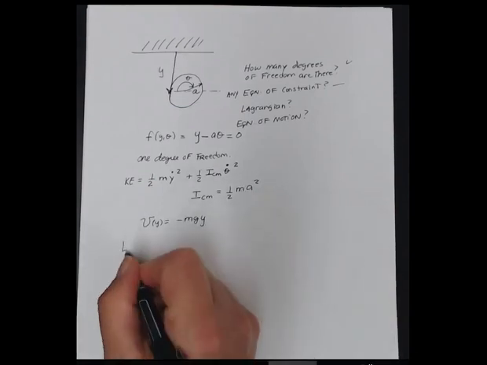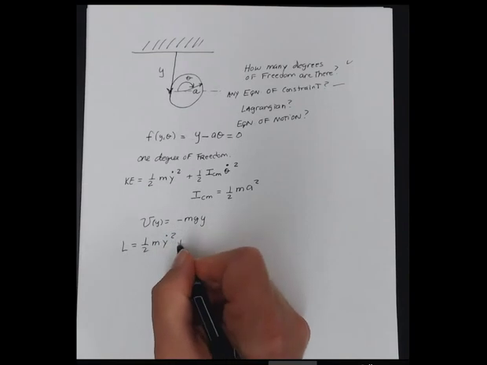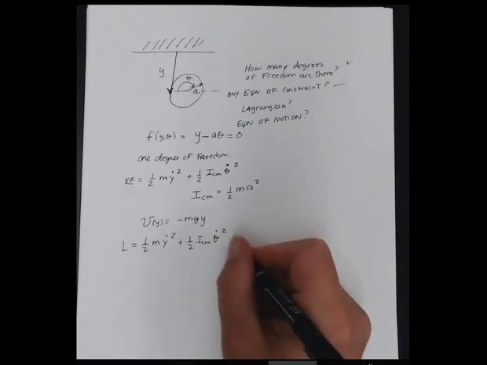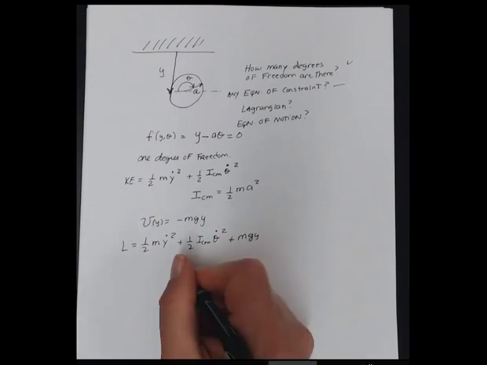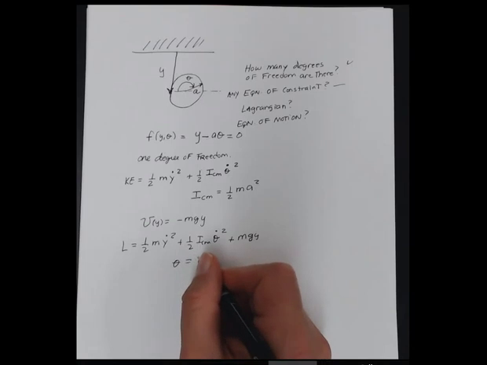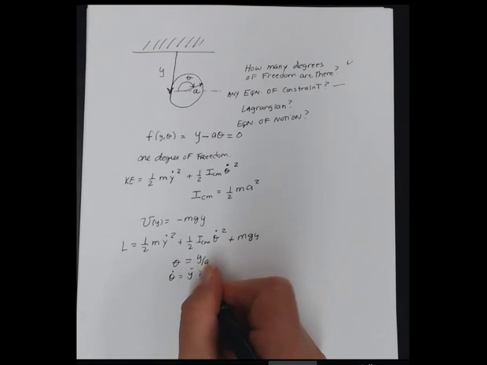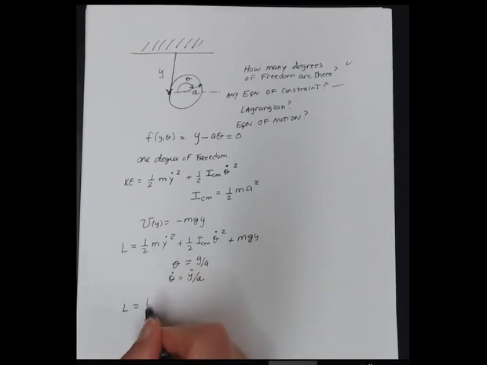So we would have our Lagrangian, plus 1/2 I center of mass theta dot squared, plus mgy, because it's minus the potential. But now I have this relationship. I have theta equals, from the equation of constraint, y over a. So theta dot is y dot over a. So what I'm going to do is get rid of theta in the Lagrangian. So I'll write the Lagrangian 1/2 m y dot squared.